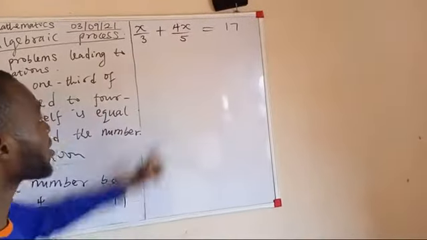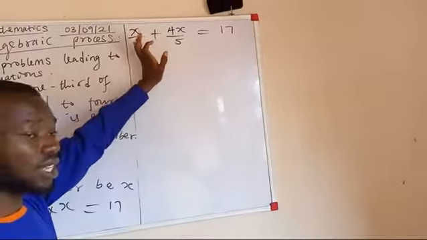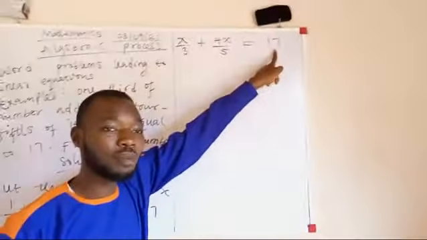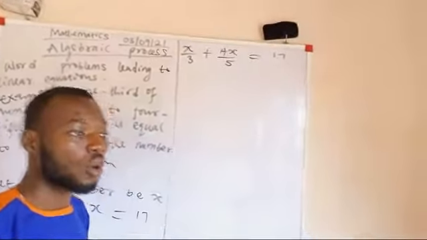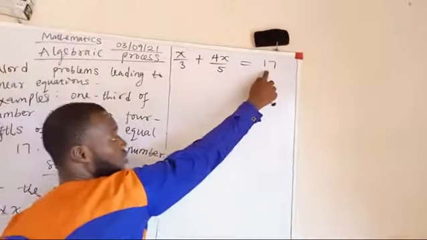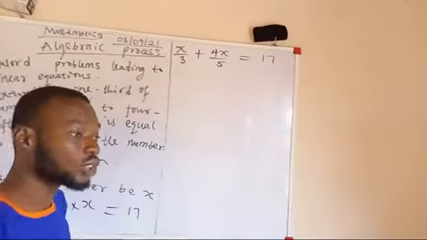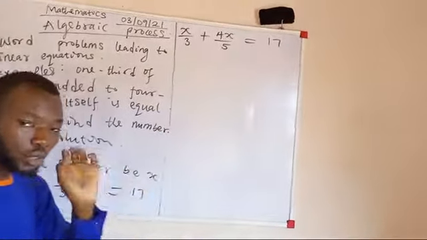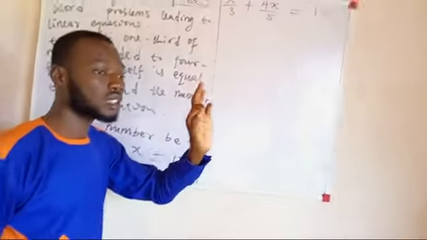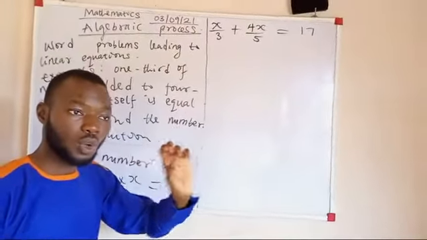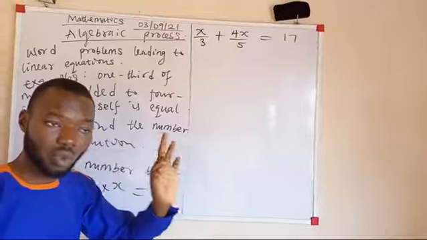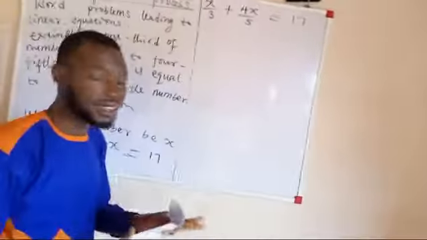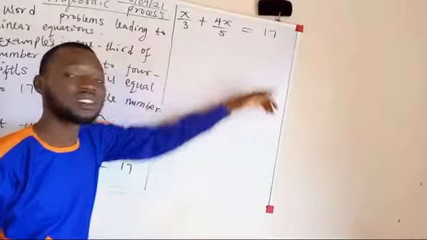The first term is in fraction format, likewise the second term, but the last term, the third term, is not in fraction. What we are going to do is simply convert this to a fraction. How do we convert it to a fraction? We divide by 1, because any number divided by 1 is that same number. Like 2 divided by 1 is 2, 1000 divided by 1 is 1000. So if we divide 17 by 1, we have not changed anything. It's still 17.